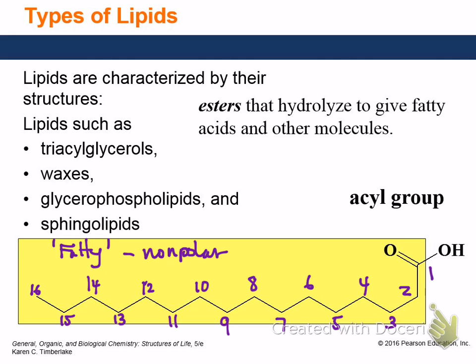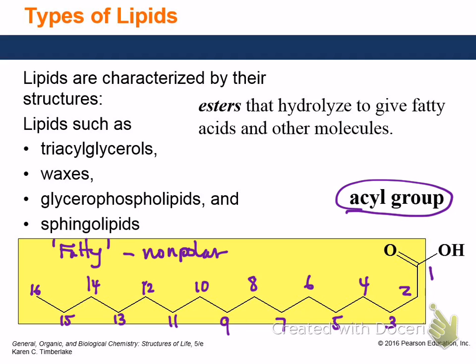So you can imagine, when you're talking about things in the body, it's stuff from everywhere. Now, one of the things these types of lipids have in common is the fatty acid chain, which is connected by an acyl group. The acyl group is this whole thing that's in yellow, including the C double bond O.